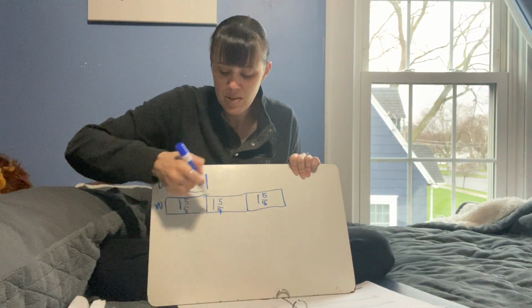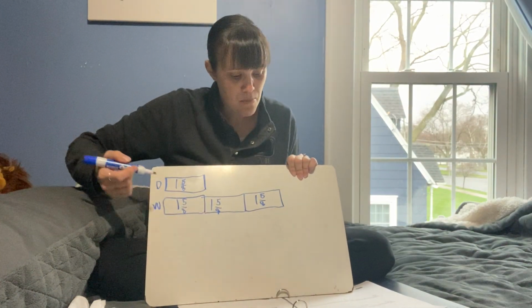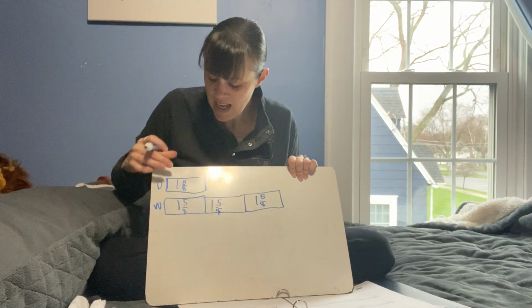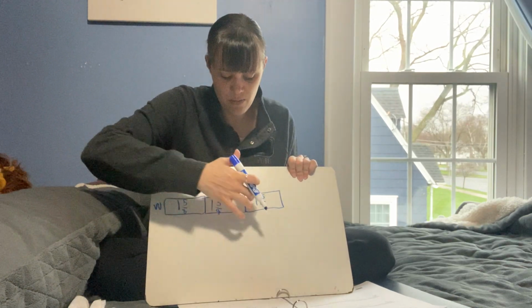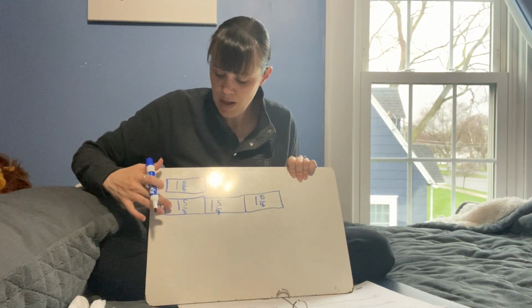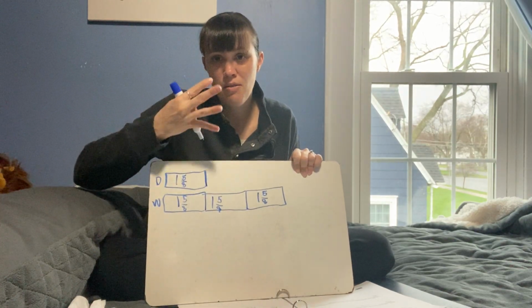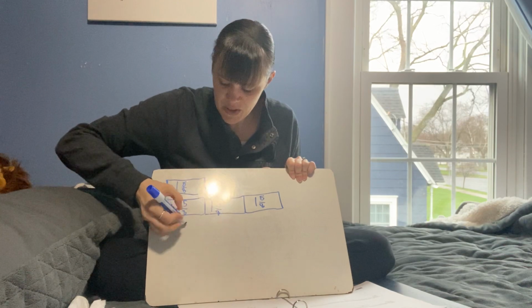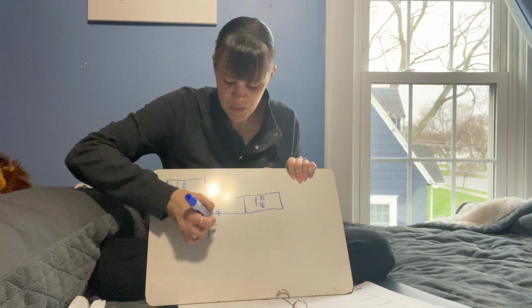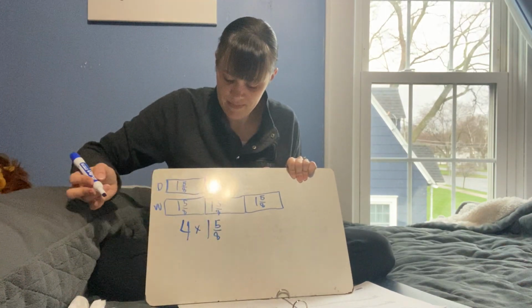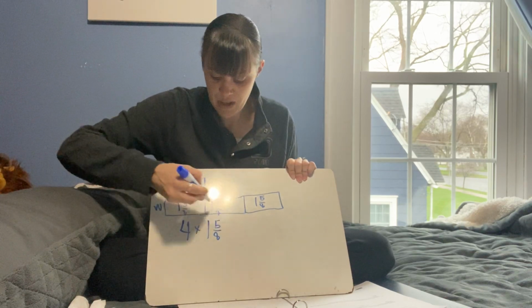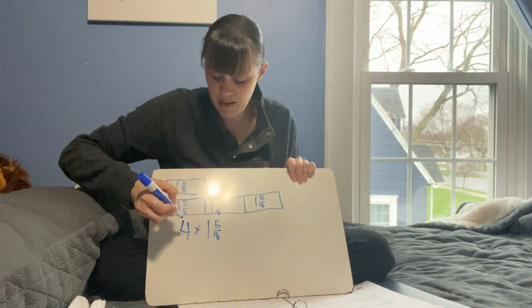I know to make a woman's dress is by 3, but we want to know for both dresses. Since each part of the tape diagram stands for the same thing, we can multiply by 4. So we're doing 4 times 1 5/8 because we need 4 sets of 1 5/8.